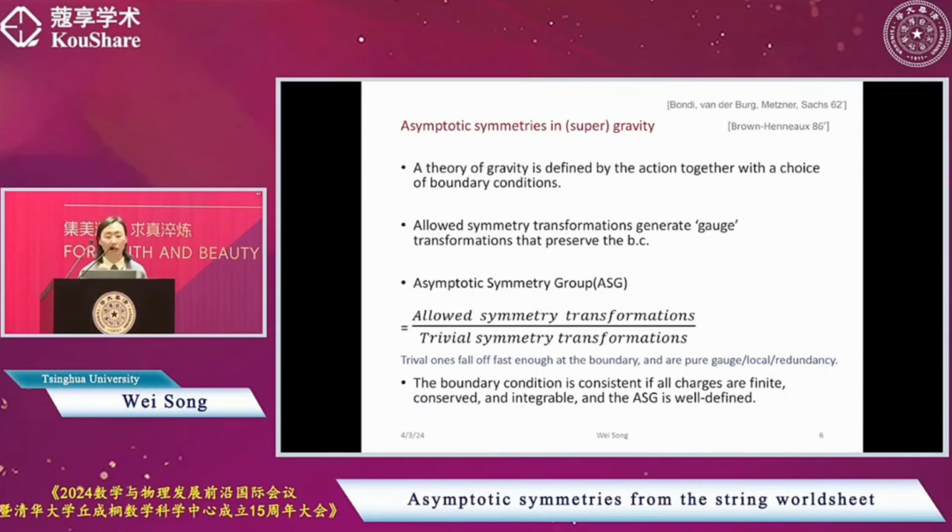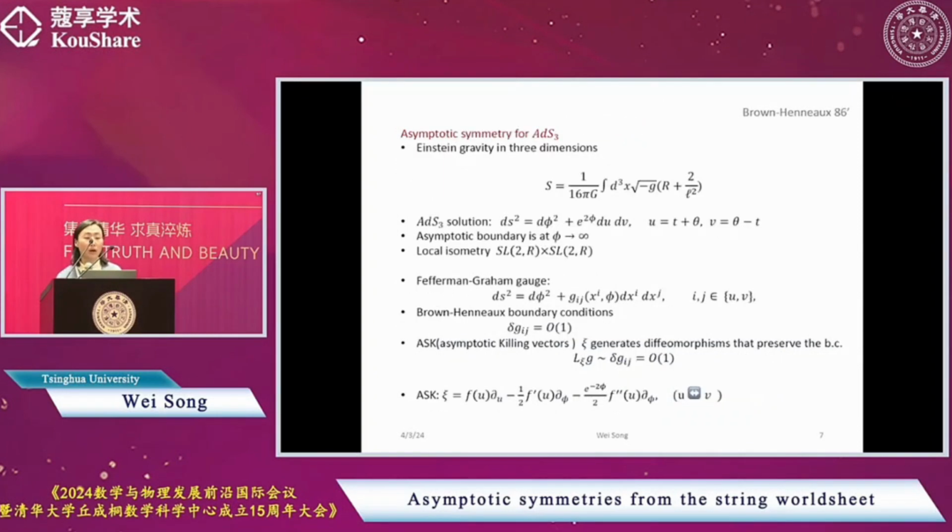Examples of this, as I mentioned, include the discovery of the BMS group in four-dimensional Einstein gravity, and the two-Virasoro algebra for asymptotically AdS3 spacetime.